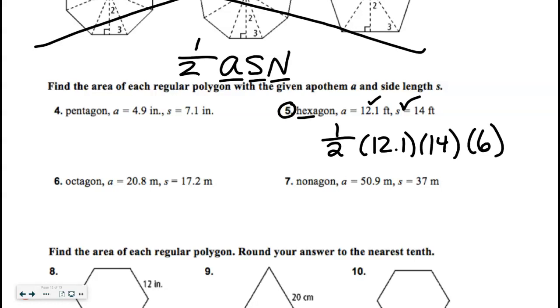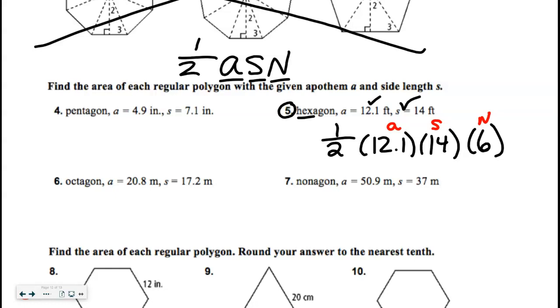Somebody go to their calculator quick for me, and I need 2 people to agree. If you want to use 0.5 for a half, go ahead. Now we'll crank them through. So go ahead and crank that out on your calculators. They gave me everything I needed. They gave me the A, they gave me a side length, and they gave me the number of sides. That's best case scenario.